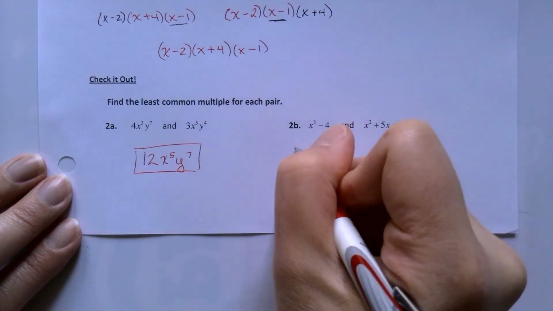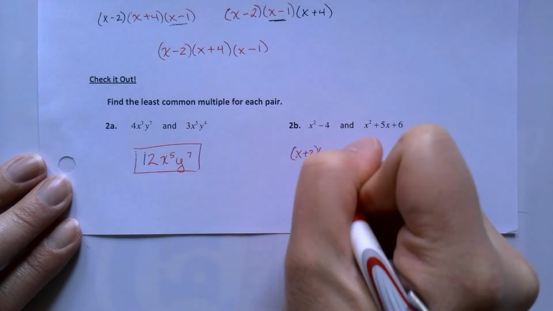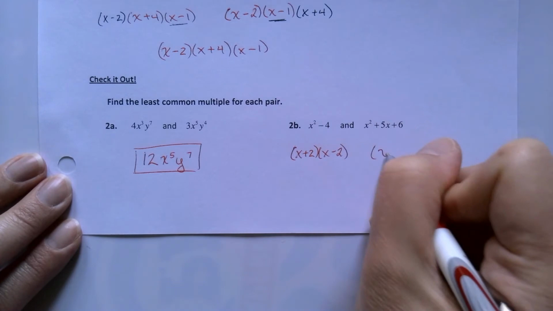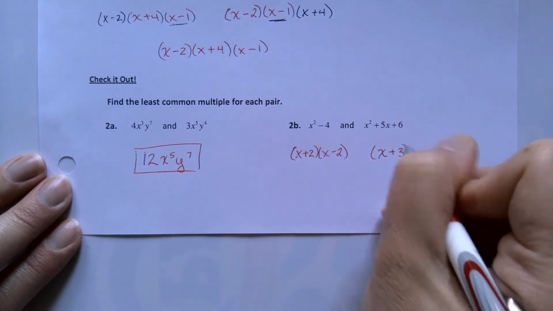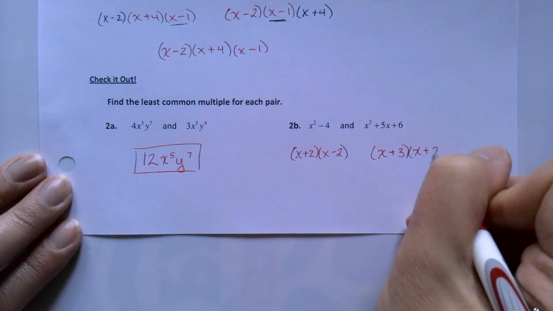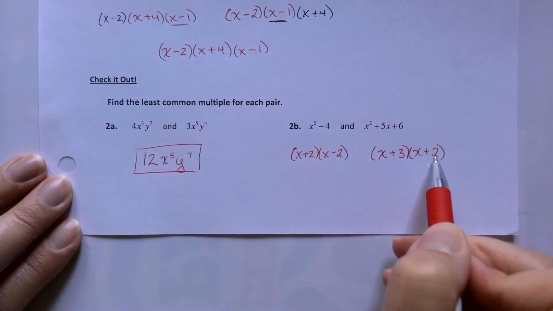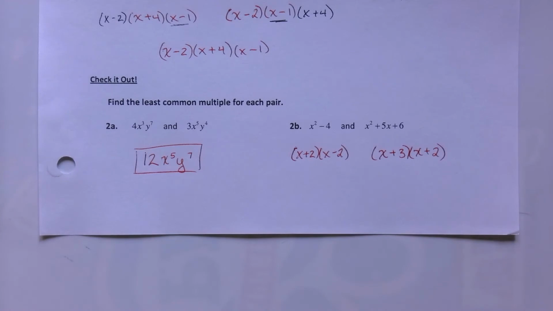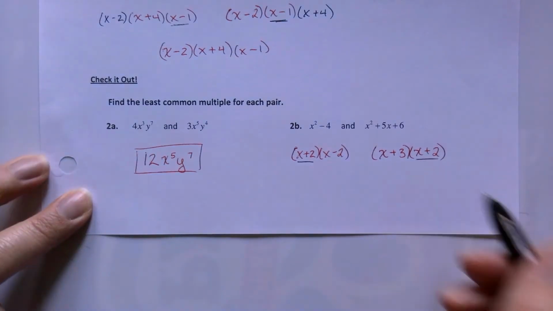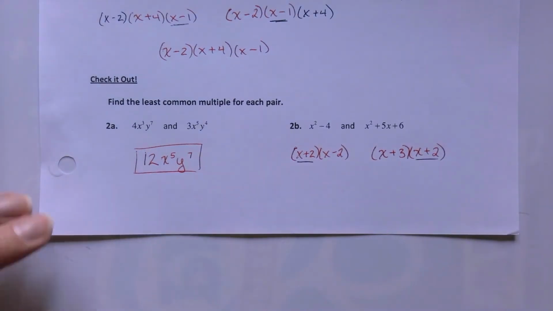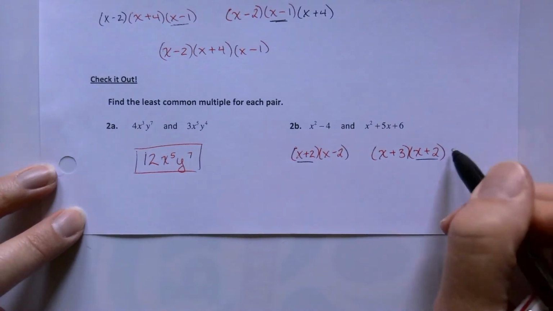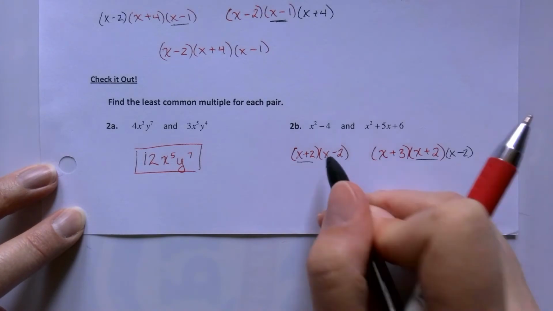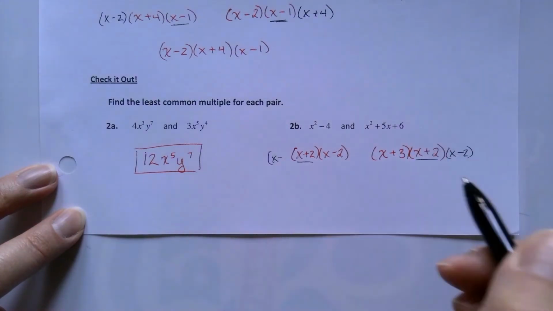So this would factor to be x plus 2, x minus 2. Difference of squares. This would factor to be x plus 3, x plus 2. Be careful with this one. The 3 times 2 is 6, and they add up to 5. So if we look at this, we lucked out that they had at least one thing in common, but this one has an x minus 2, so I'd have to give that an x minus 2, and that has an x plus 3, so we'd have to give that the x plus 3.